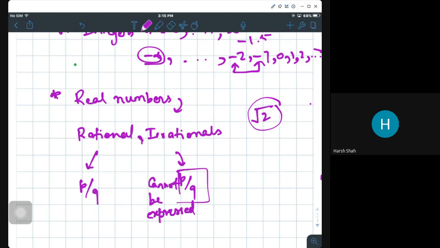Yeah, you can directly just open your mic and say. No, right? Why? Because this cannot be expressed as p by q, where both p and q are integers. Root 2 is not an integer.